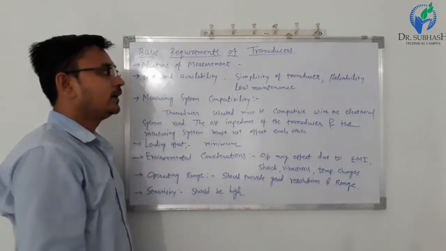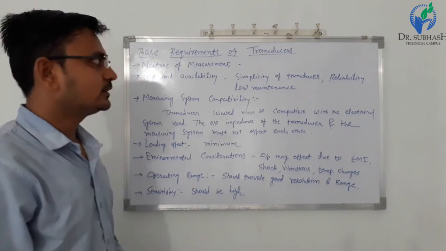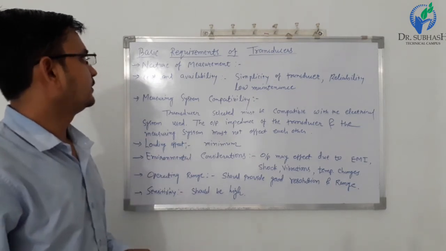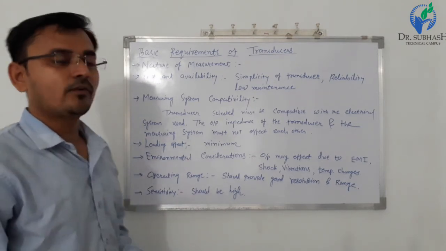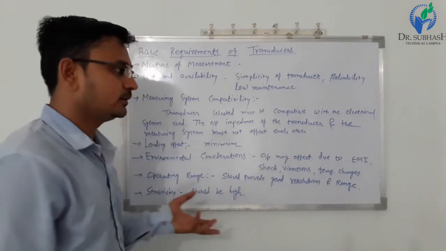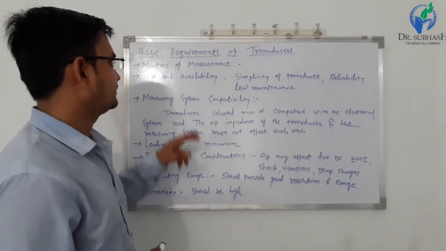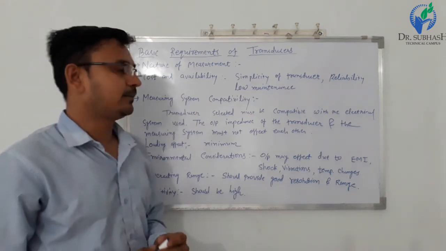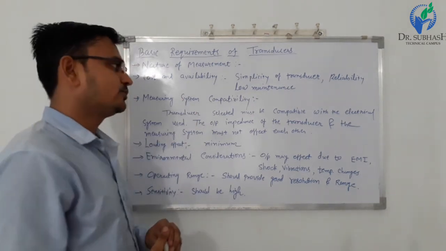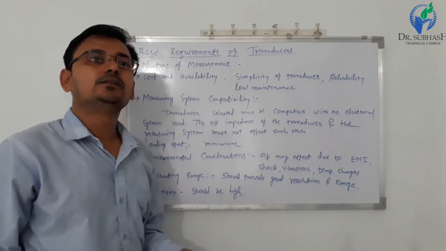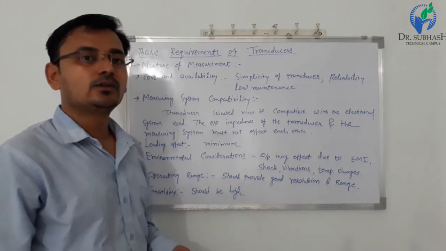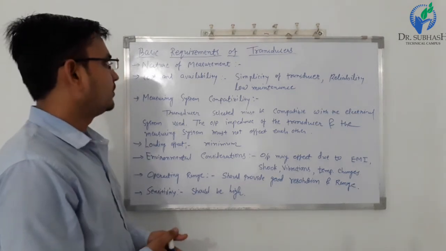Then cost and availability. This is a very important thing because if cost is very high as compared to the instrument, then it is not convenient for us. And availability: if the transducer is not available easily, then also it is a problem.